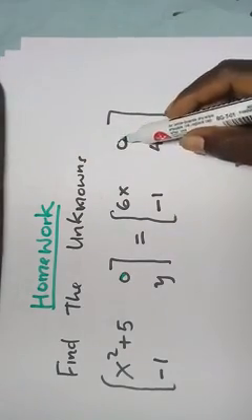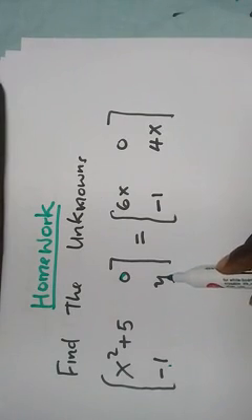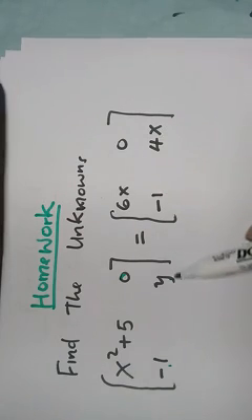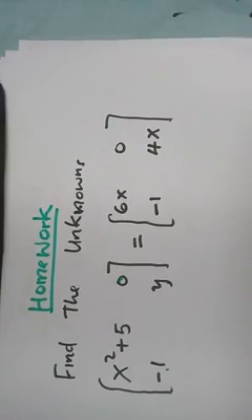This is a -1 and this is a -1, and this also y is equal to 4x. Can you try finding the values of that particular example? Try to find it, and next time we are going to solve it.